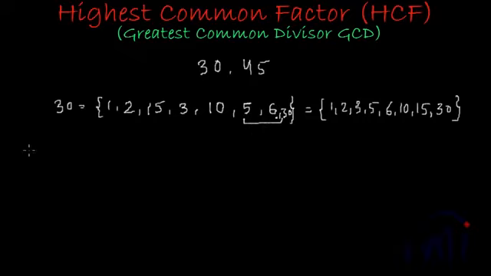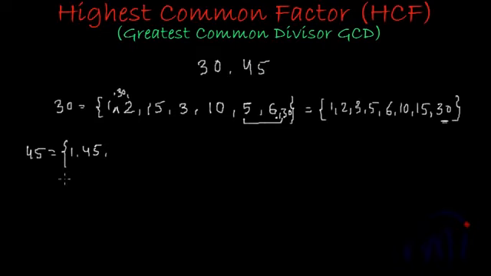And if I talk about all the possible factors of 45, I can start from 1. 1 is a factor of all the numbers. The number itself, 45, will also be a factor of 45, right? We should have written 30 over here also, anyway, we have included 30 over here. Let's check its divisibility by 2. 45 is an odd number, so it will not be divisible by 2.